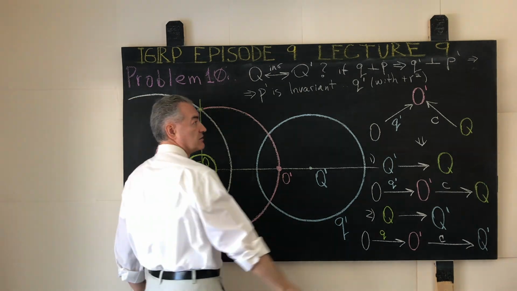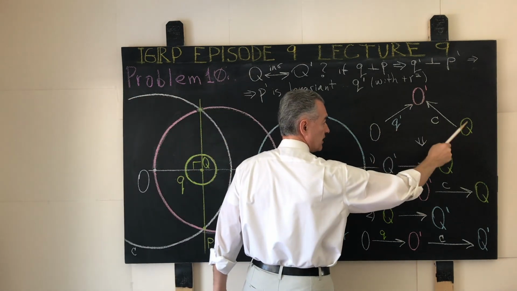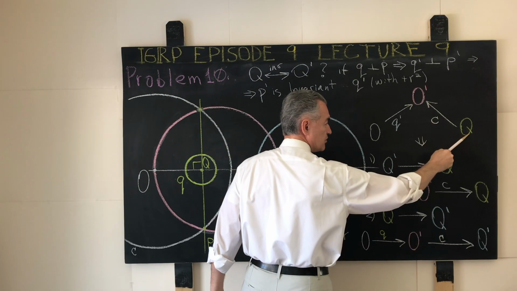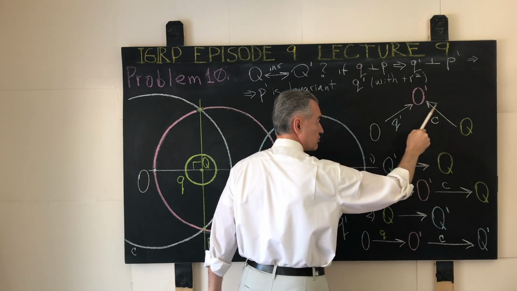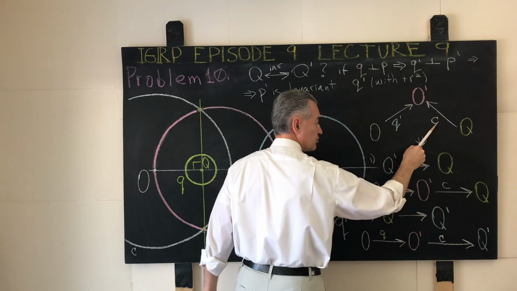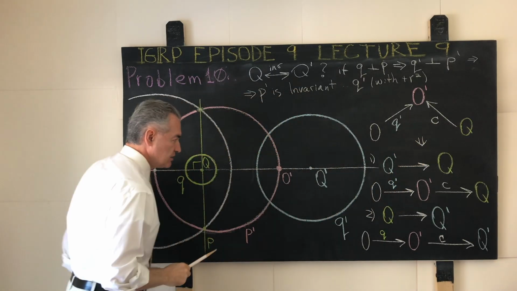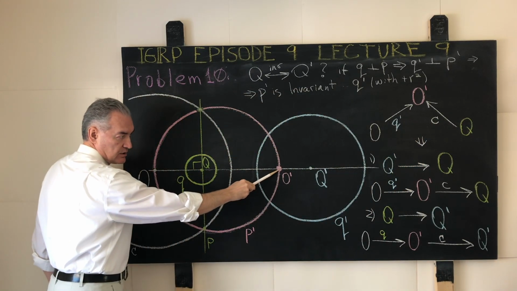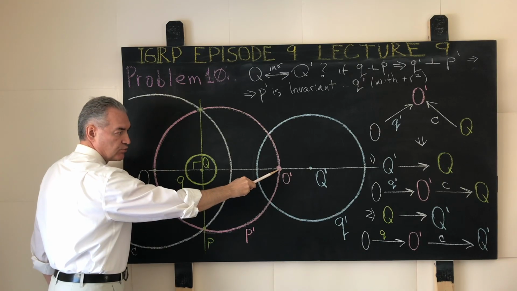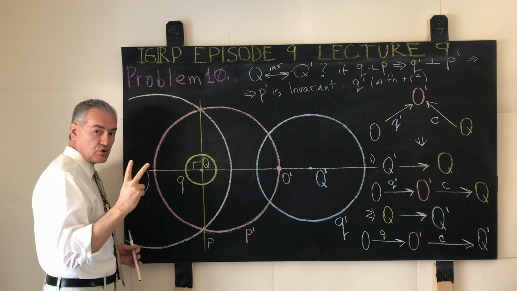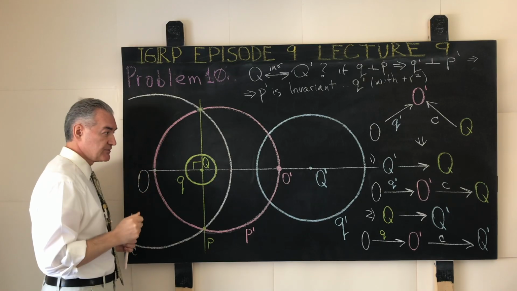On the other hand, the point O prime is the image of the point Q under the inversion of the plane with respect to the circle C. You see, this is the clever and interesting point O prime that plays two roles at once, or wears two hats.